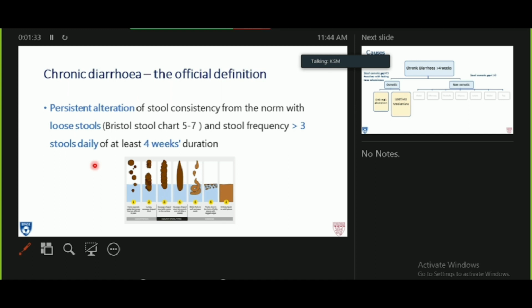Chronic diarrhea, the official definition, is a persistent alteration of the stool consistency from the norm to loose stools, which is Bristol stool chart 5 to 7, more than 3 times a day for at least 4 weeks of duration. I often get patients coming to clinic saying that they have chronic diarrhea, but they're passing very solid Bristol stool chart 1 stools 2 or 3 times a day. That's not diarrhea. So before you start a bunch of costly investigations, make sure you get a good history.